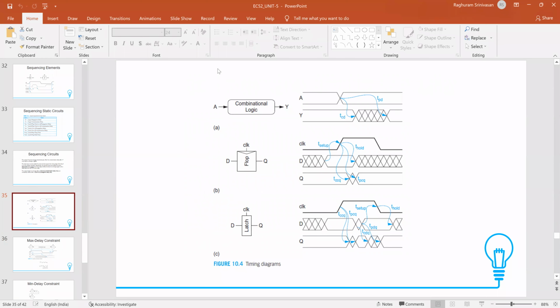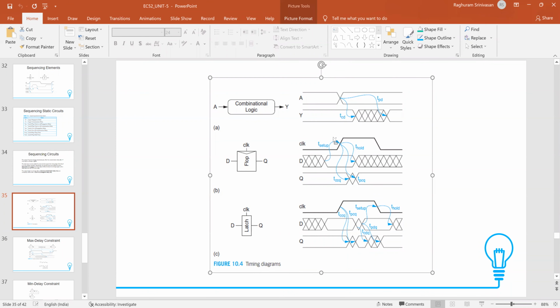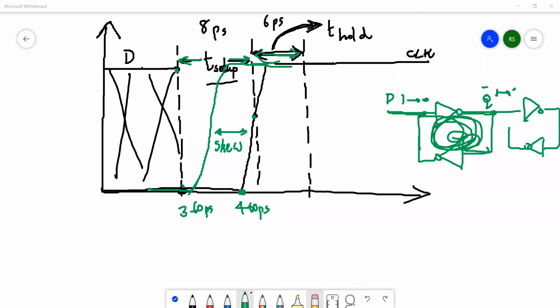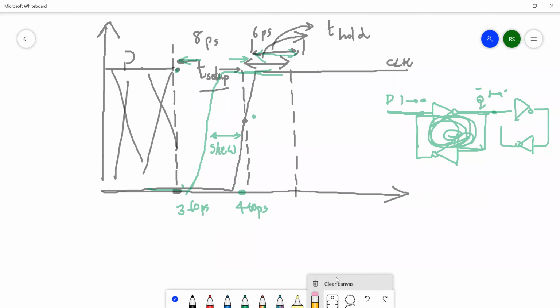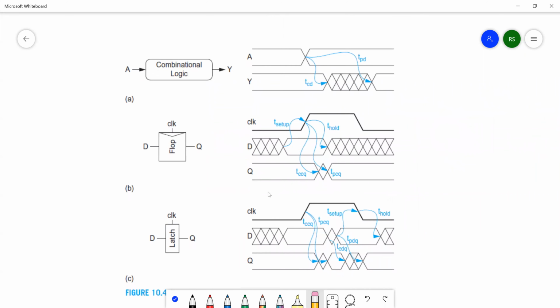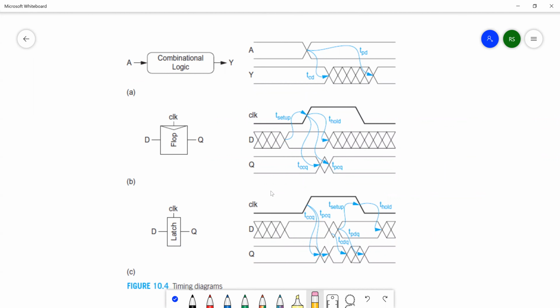So, this is the diagram, combinational logic block input. You see the input has changed at this particular point. Let us start with the first one.